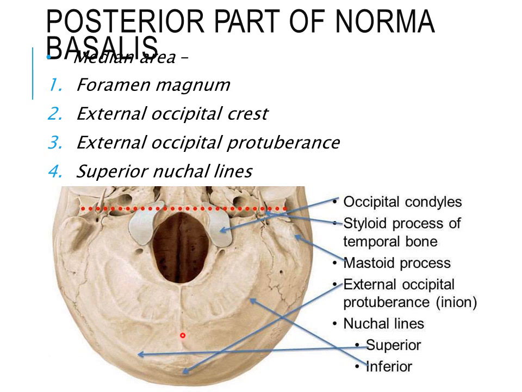This is the external occipital crest, this is the external occipital protuberance, and this is the foramen magnum. We also have the occipital condyles. These occipital condyles articulate with the facets present on the first cervical vertebra, that is the atlas vertebra, to form the atlanto-occipital joint. We can make out again the styloid process of the temporal bone on either side. So these are the parts of the posterior part of the Norma basalis.